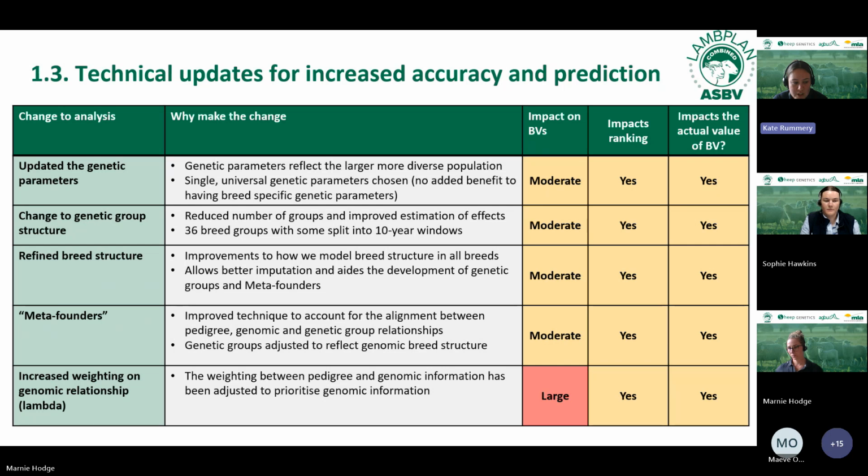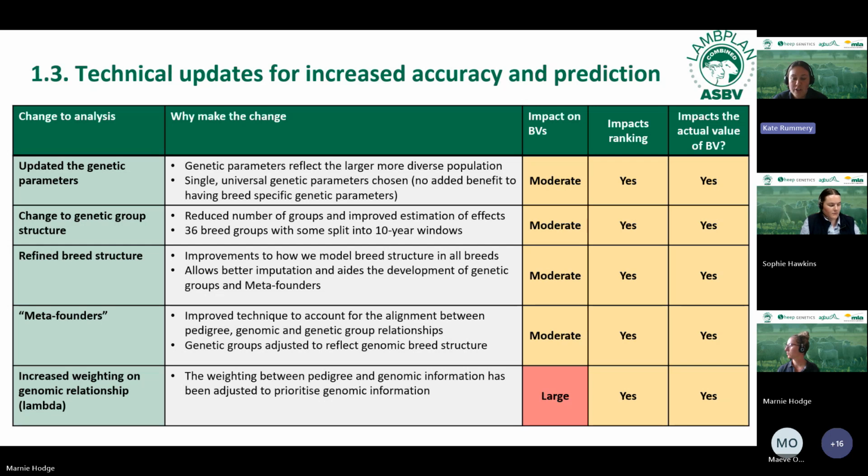Finally, the last one on this list is our increased weighting on the genomic relationship. This genomic relationship is often referred to as lambda, and we would have spoken about it a fair bit at previous service provider workshops and so forth. Essentially, it's the weighting placed on the genomic matrix compared to the pedigree matrix when we talk about relationships in sheep genetics.